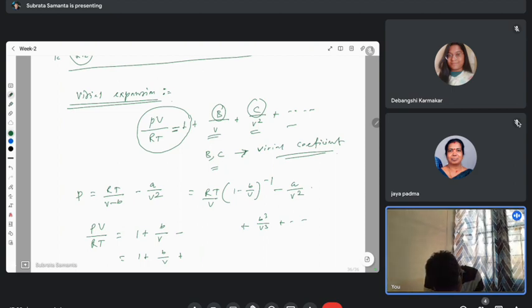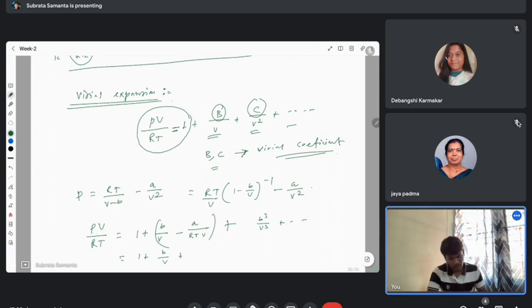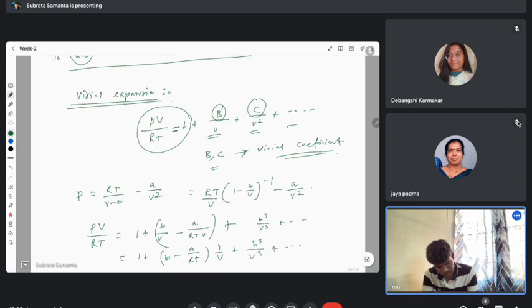So there is a by RT. So that means it's (b minus a by RT) 1 over V plus b cube by V cube plus.